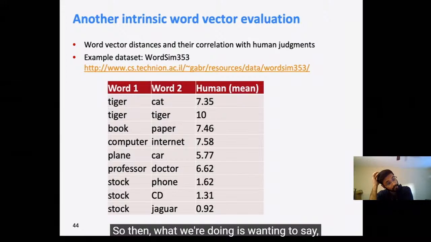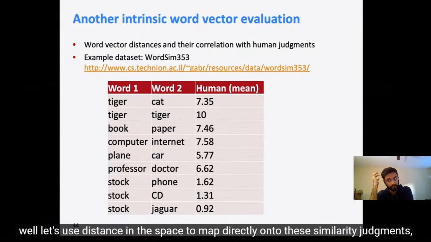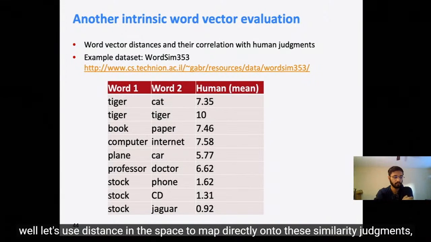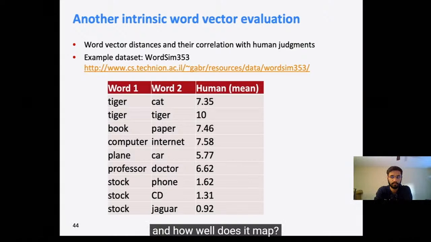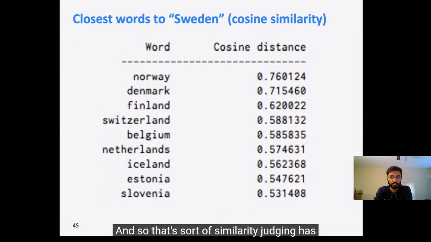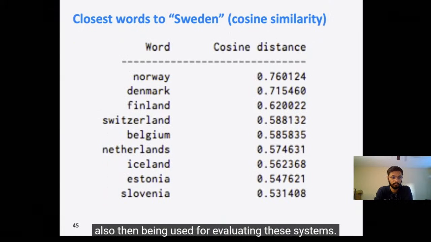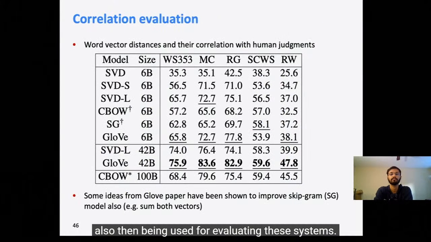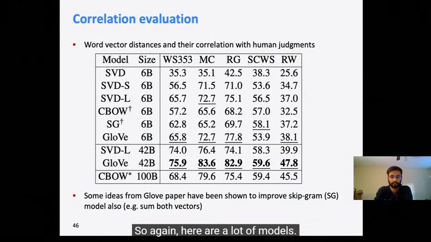So then what we're doing is wanting to say, well, let's use distance in the space to map directly onto these similarity judgments, and how well does it map? That sort of similarity judging has also been used for evaluating these systems. So again, here are a lot of models.